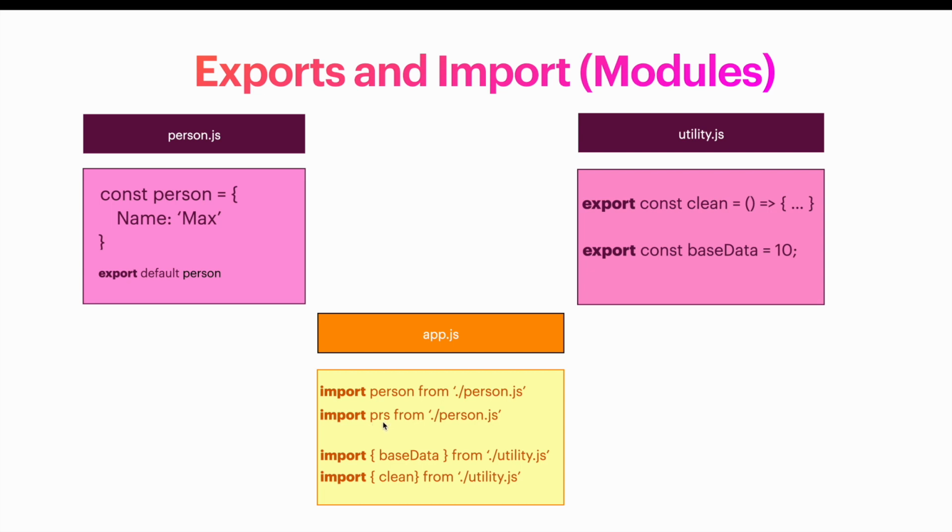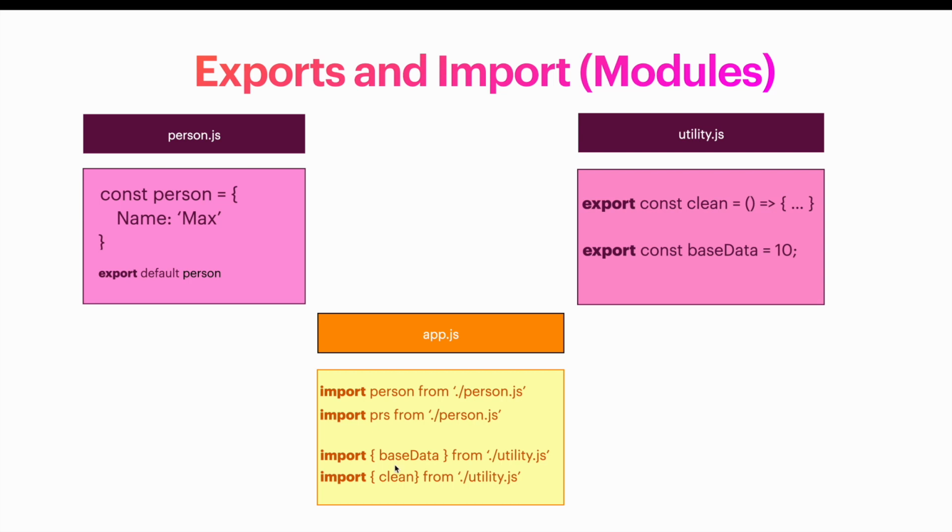Both are valid, but the only thing we have to take care of is that one component can have only one default export. We cannot have multiple default exports for one single component. So we have a default export in the person.js file, but in the utility.js file we have a named export. That means we don't have a default export in utility.js.